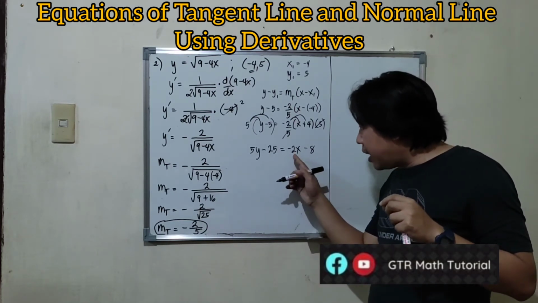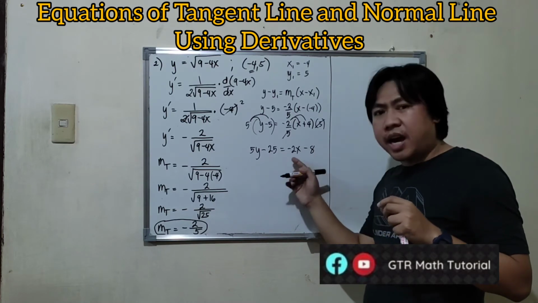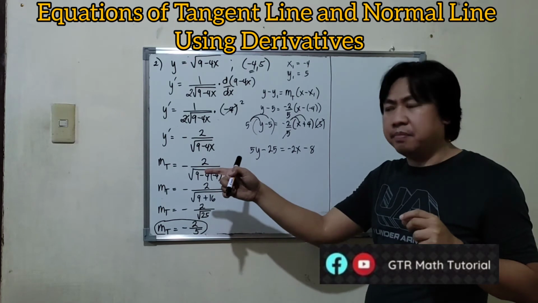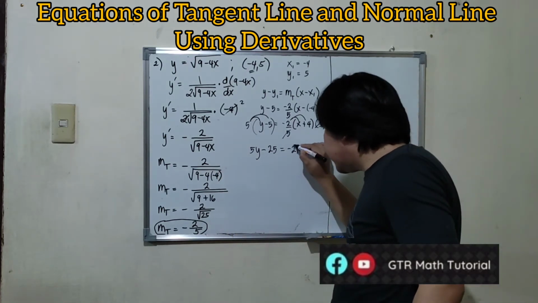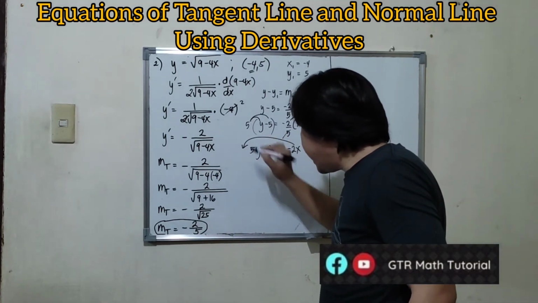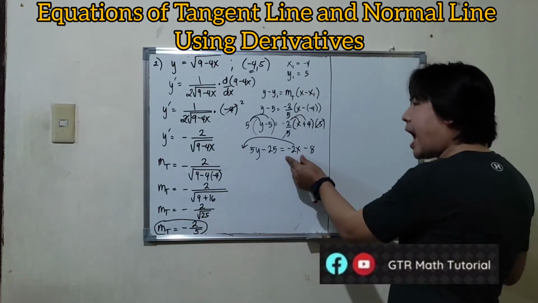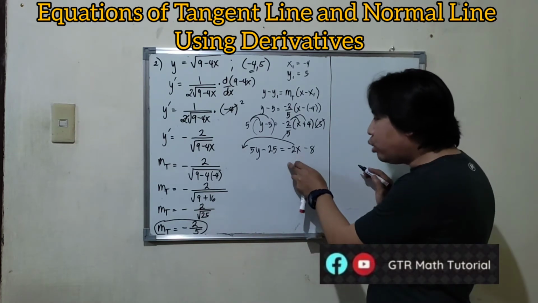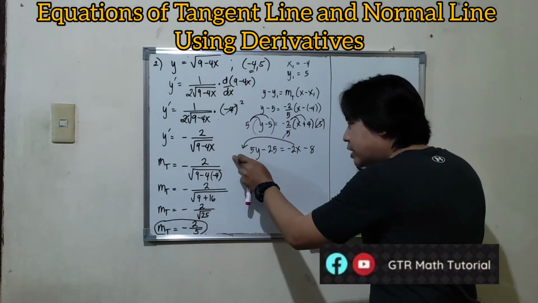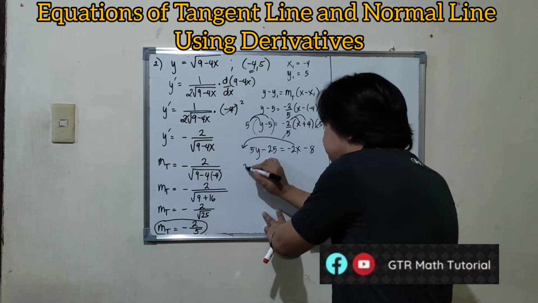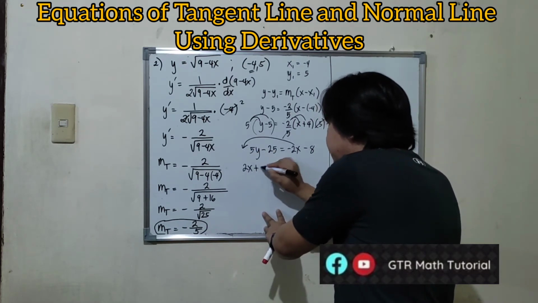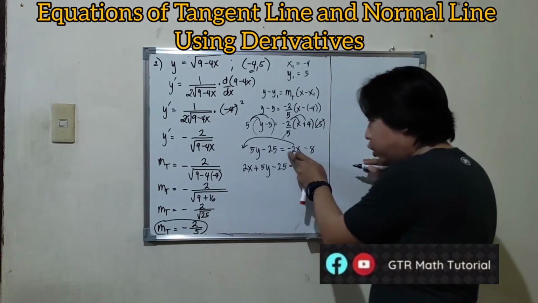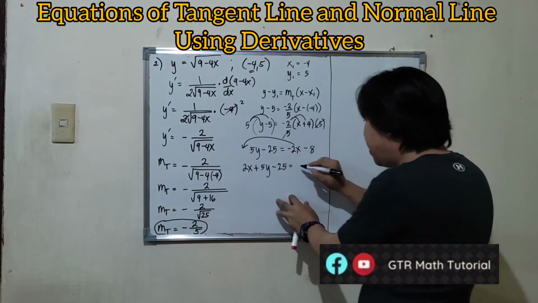Since the x is negative on the right side, we put negative 2x on the left side by adding 2x to both sides. We don't show that step, we don't write it. Add 2x to both sides, so it moves to the left side. So therefore, we have 2x plus 5y minus 25 is equal to, since we added 2x, it cancelled out, negative 8.